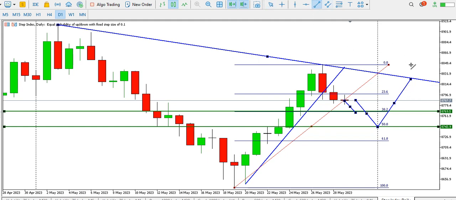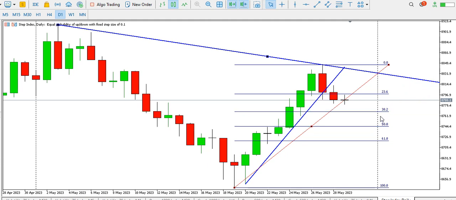We might possibly see another drop before price breaks above it, and if price breaks above it, we might see a retest before price continues its direction upward. So that's that for step index on the daily time frame.